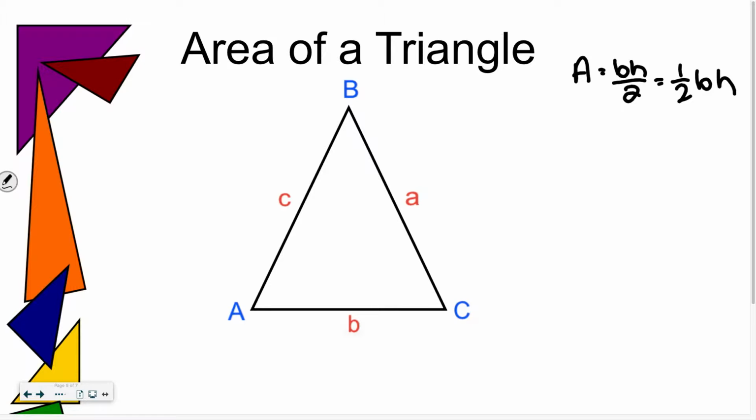So let's go back to that activity you were doing at the beginning of class. Let's draw in our height, which would be our altitude. We're creating a right triangle on the left and the right of this triangle, right? And so we can do just like we did in that activity.